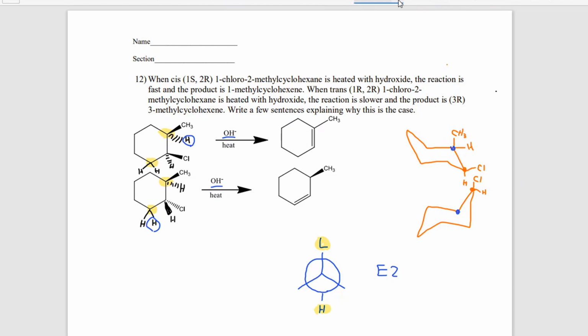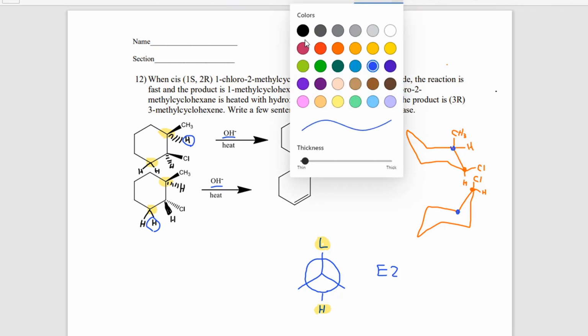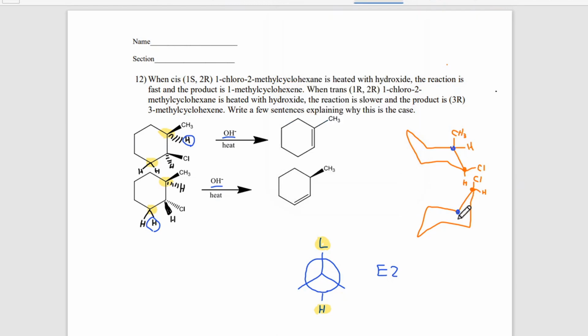The hydrogen is down now, and the methyl group is still up, but it's equatorial. Now because this chlorine is up and this hydrogen is down, they end up being anti-coplanar, or anti-periplanar to one another, and they can be eliminated.